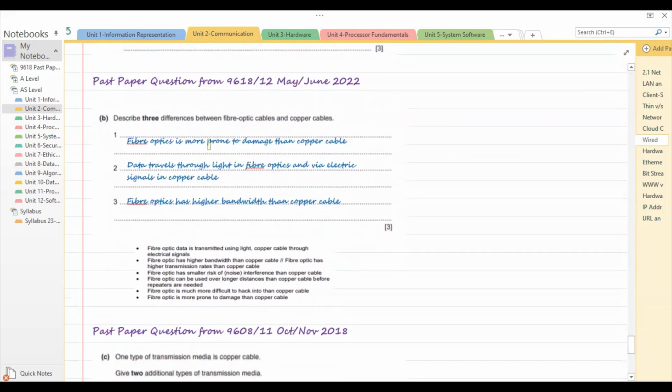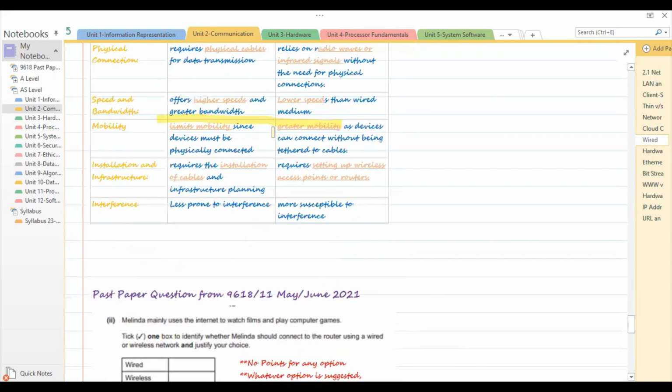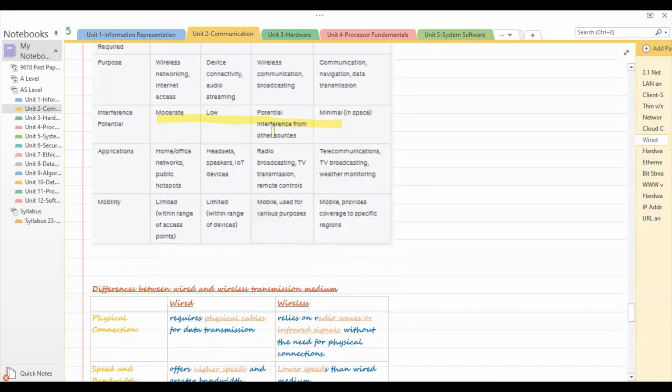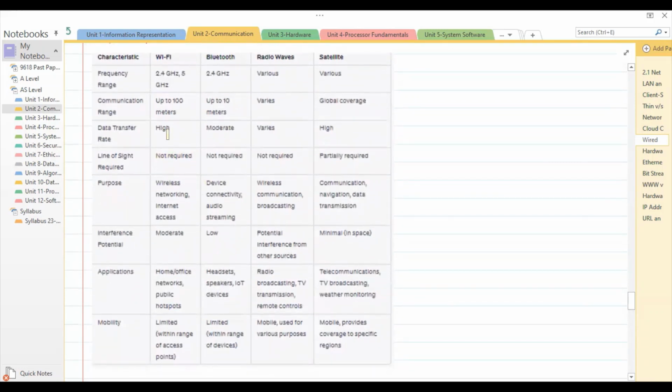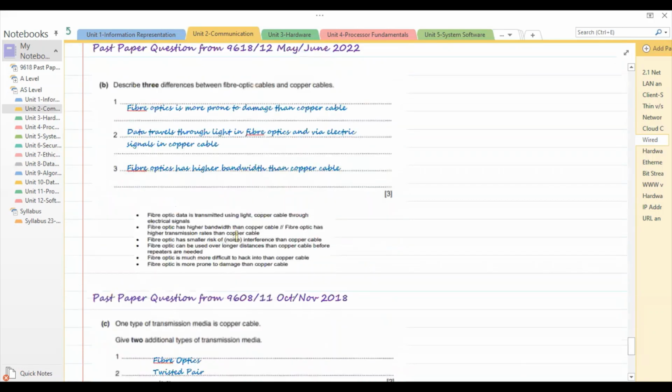Next is, describe 3 differences between fiber optic cable and copper cable. That is why I showed you this table. Here, a clear comparison is there, because there are questions in the past paper based on the comparison of different transmission media, whether wireless or wired.